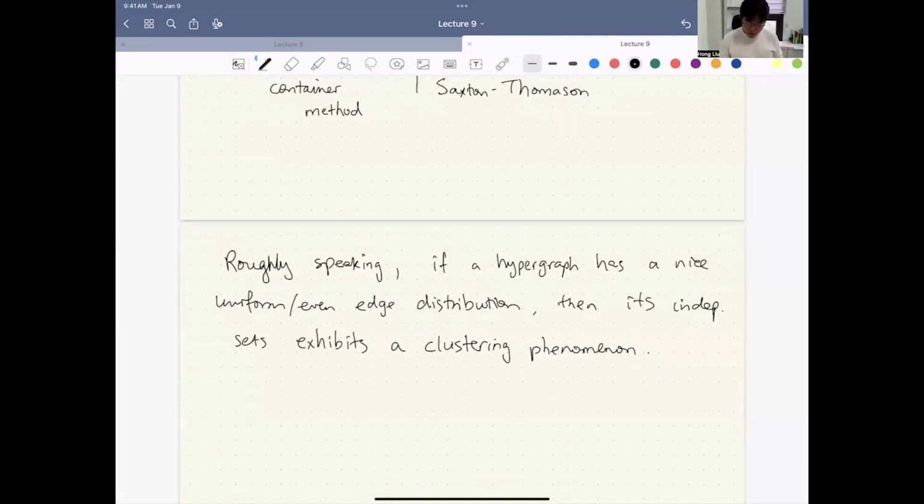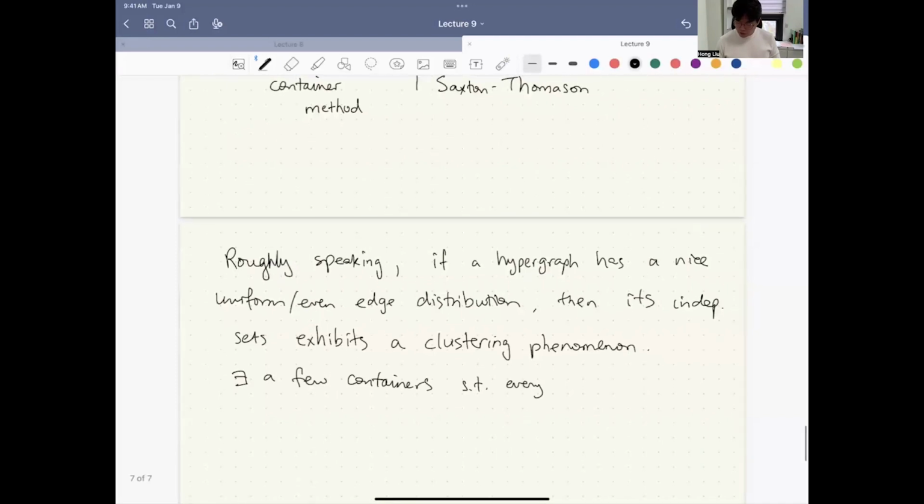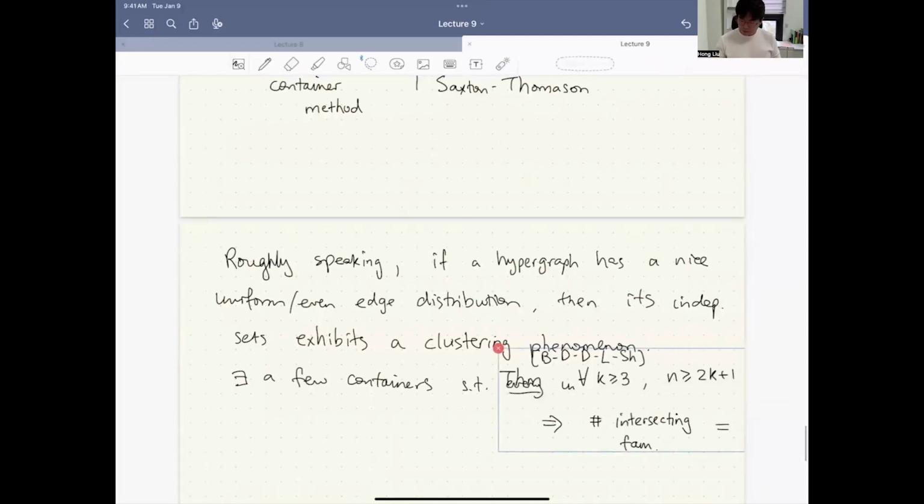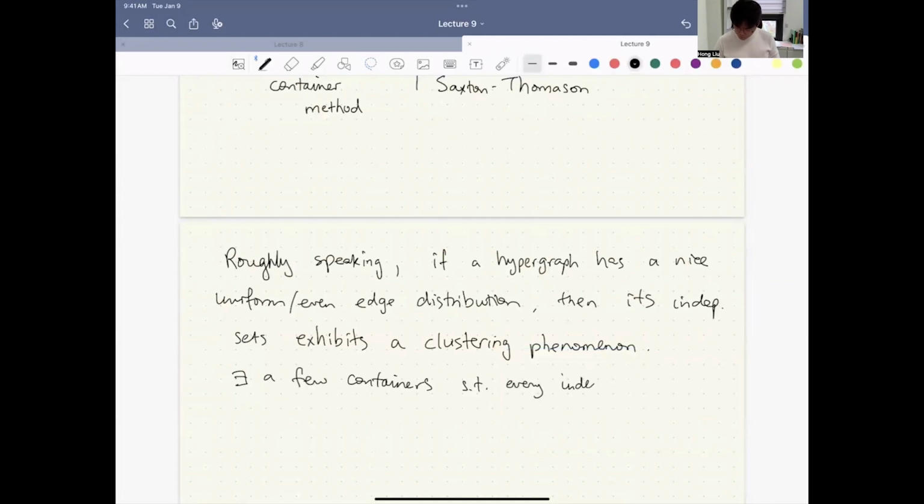What it means is that there exist a few containers such that every independent set is in some of them.